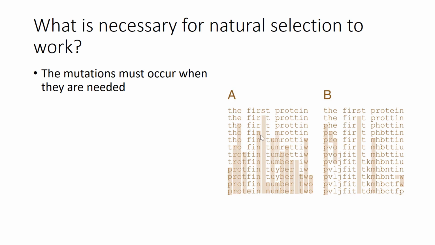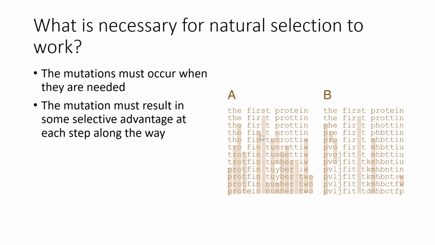Well, first, we would need to have these mutations occur exactly when they're needed. If they occur too early, natural selection is not going to be able to favor them, and they're just going to get either eliminated by natural selection or eliminated by genetic drift. If they come too late, obviously it's no longer helpful for the organism.